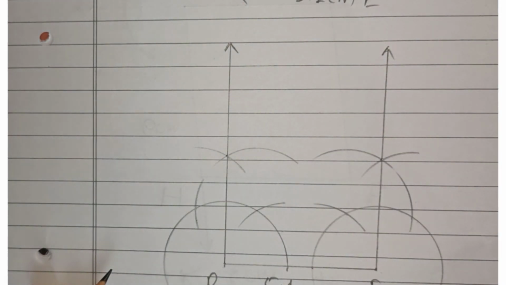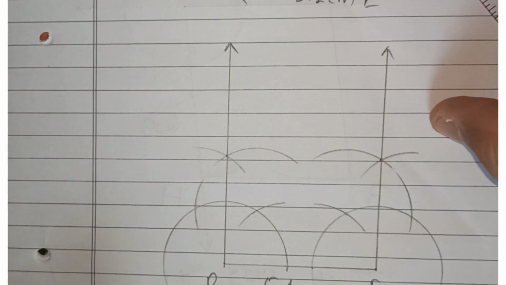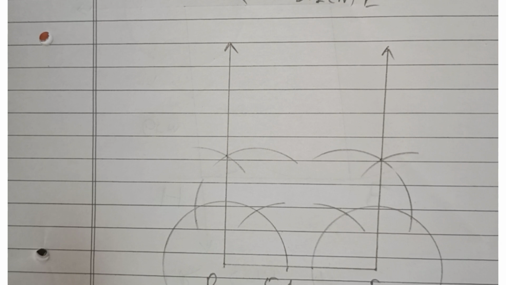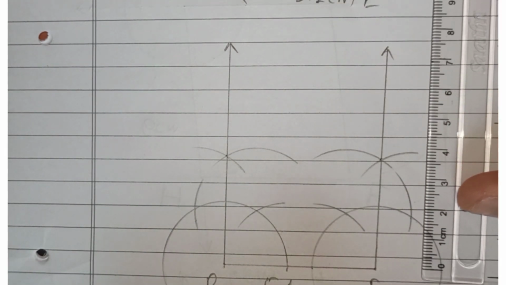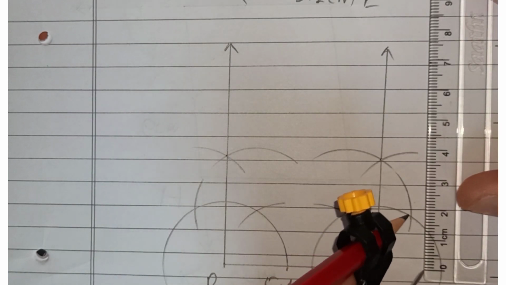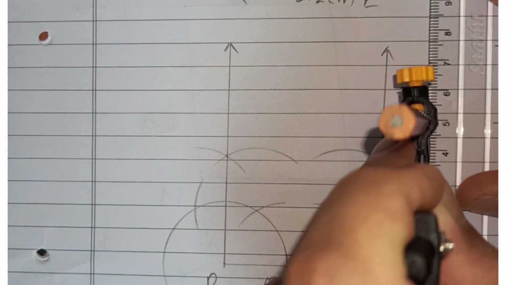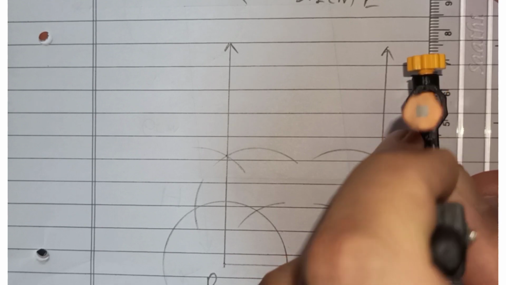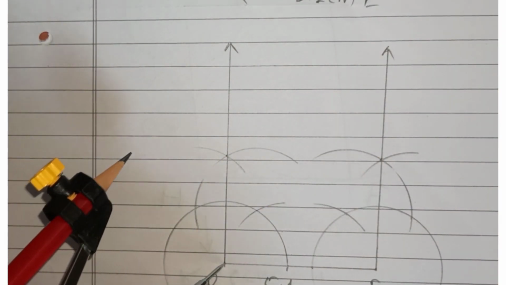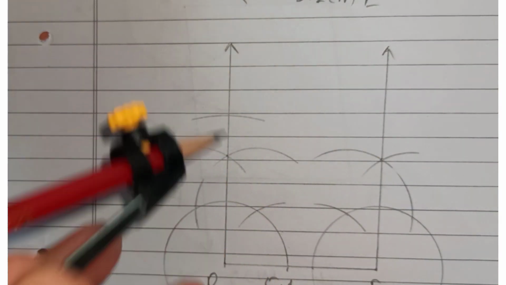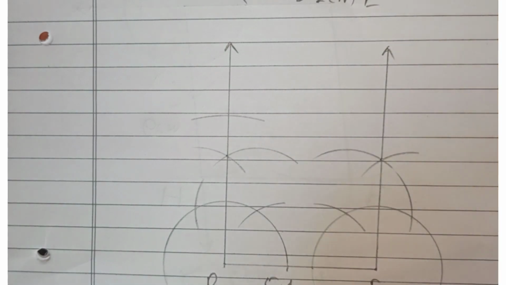Now again, RD and EA, that is the sides of the square, how much is it? It is 5.1 centimeter. So take the measurement of 5.1 centimeter in your compass like this. From R, cut an arc on the ray which you have drawn.